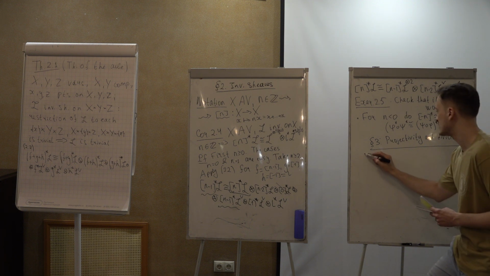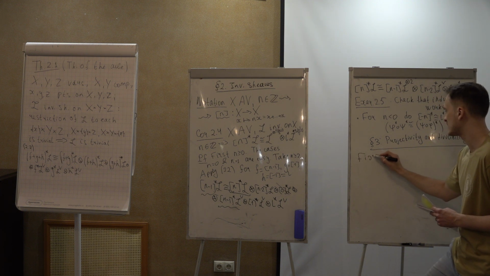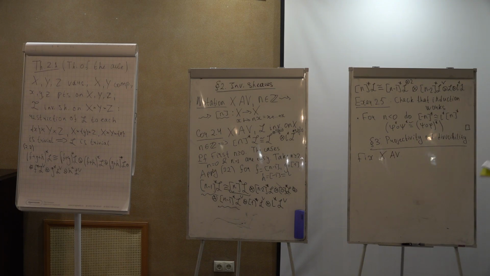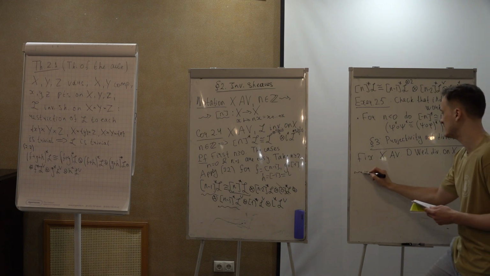Let us fix some Abelian variety X. And let us define this thing for a divisor D. We define this H of D.